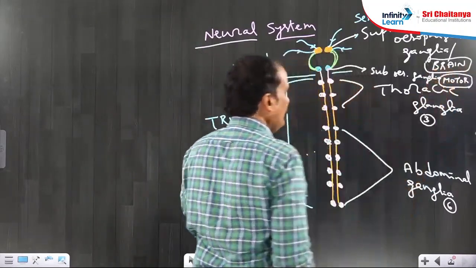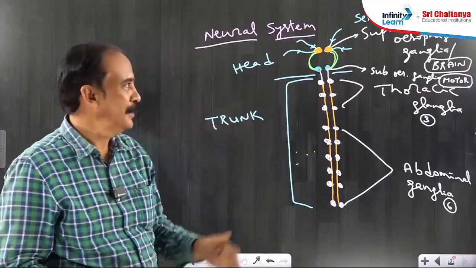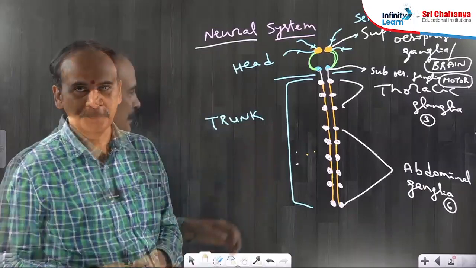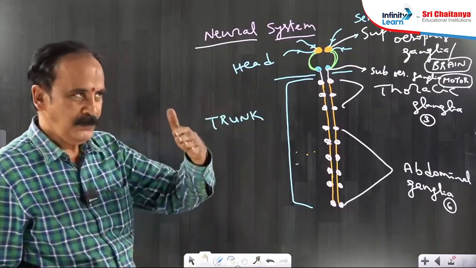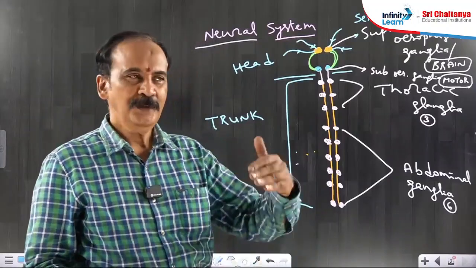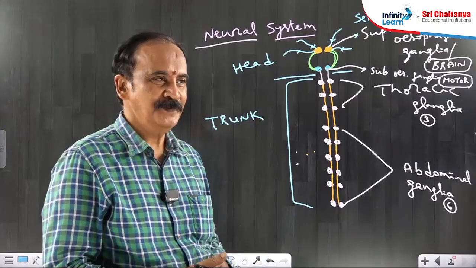Brain is sensory, where it receives sensory information from antenna, compound eyes, labrum, and it also acts as an endocrine, where it produces hormones. So we say that when cockroach head is being chopped or cut, cockroach is able to live for around 1 week, isn't it?